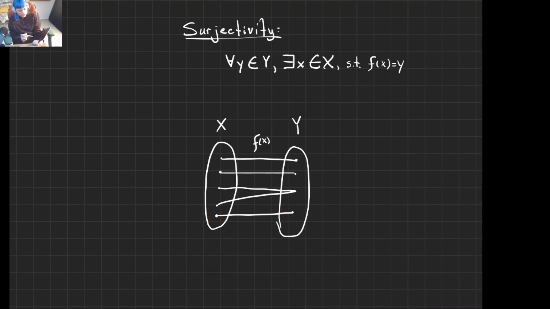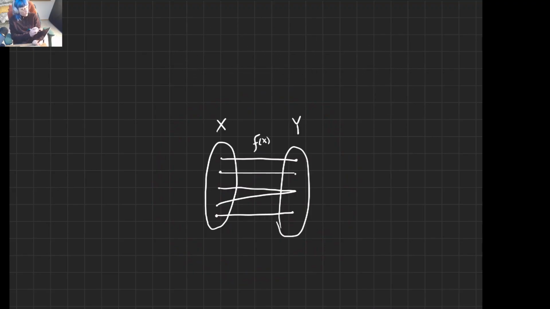Okay, now let's move on to the injectivity property, and if we can show that f of x can also have the injective property, then it has an inverse, because then it's bijective.